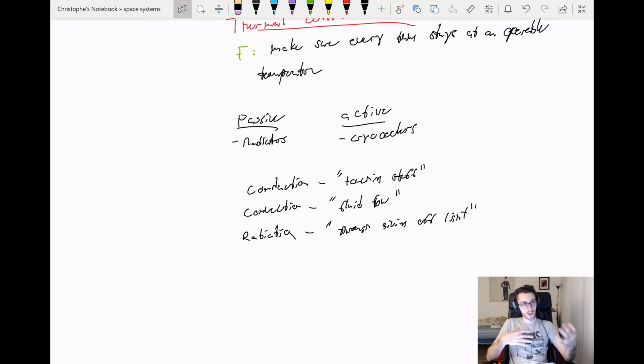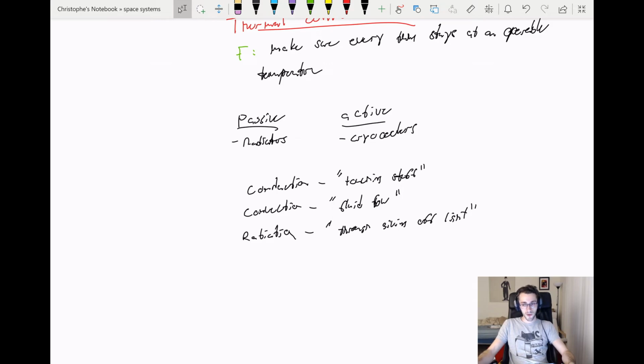So radiation can go both ways. You can heat things up, you can cool things down, and the way radiators work on satellites is they increase the emissivity of your satellite, making it so that you give off a lot more of this electromagnetic radiation.